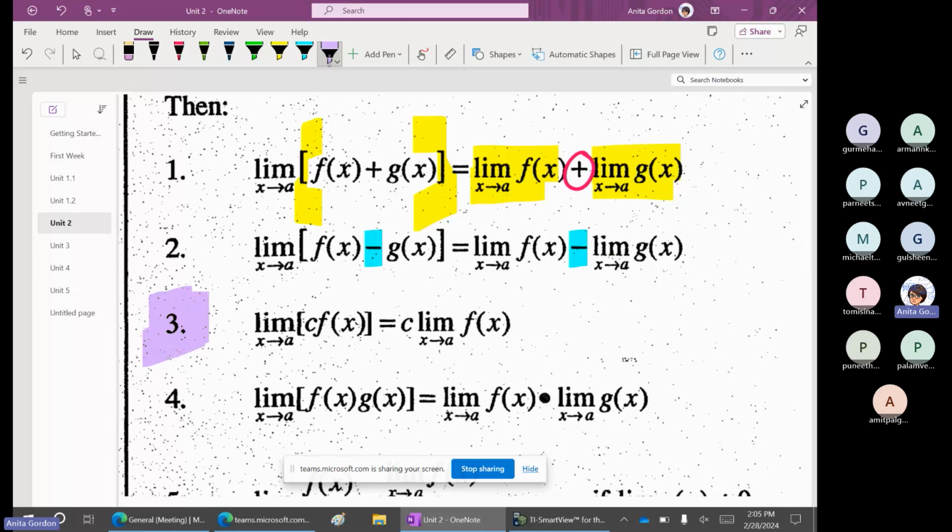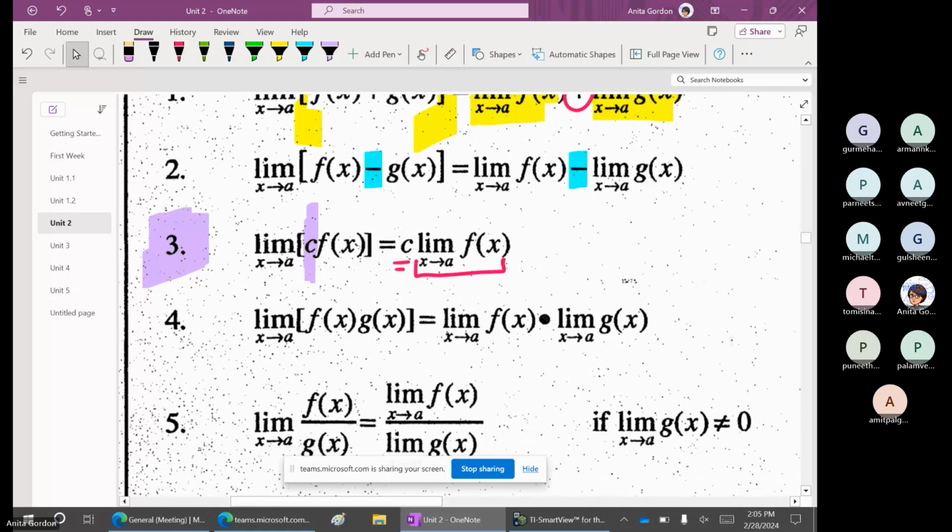So if you have a C value, a constant that is multiplying your function, just put it on the outside. Deal with the simplified function first, and then deal with multiplying the constant. Okay? So simplify as much as possible.